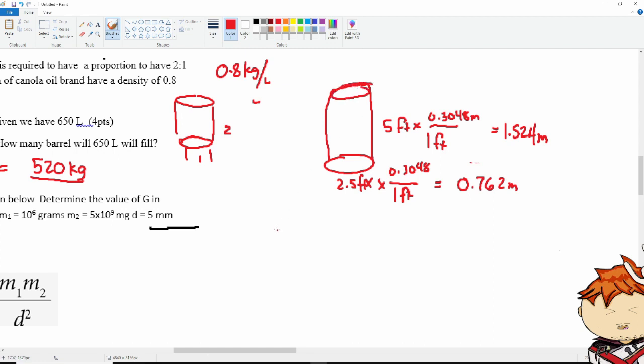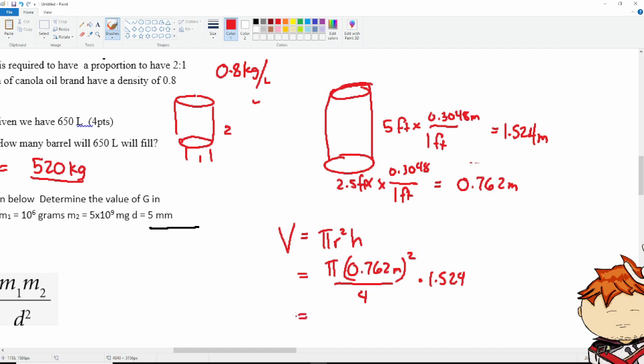Okay, so that's the specification of our cylinder. The volume of a cylinder is pi r squared h, or pi times diameter squared over 4 times height 1.524.